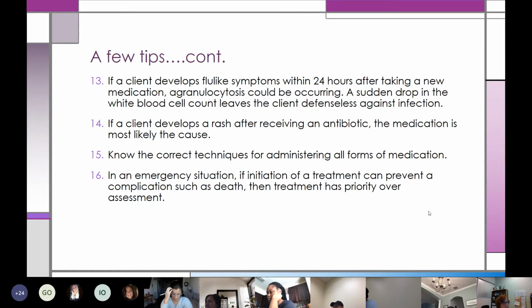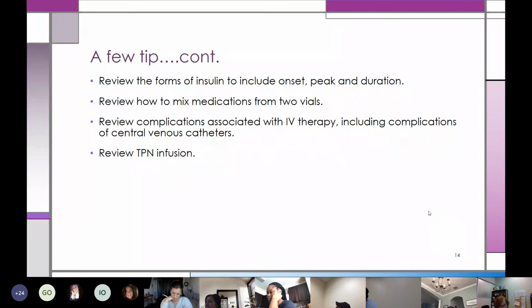A couple of other things to remember as you are preparing for pharmacology. Check out the forms of insulin to include the onset, peak, and duration: short, long, intermediate, that kind of thing. Be sure you remember how to mix medications from 2 vials.